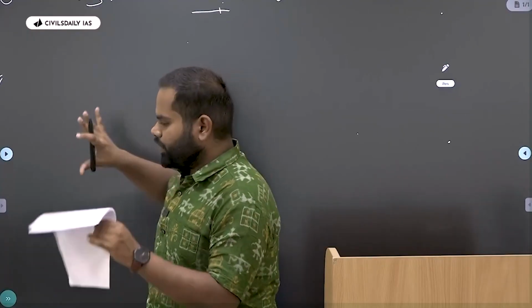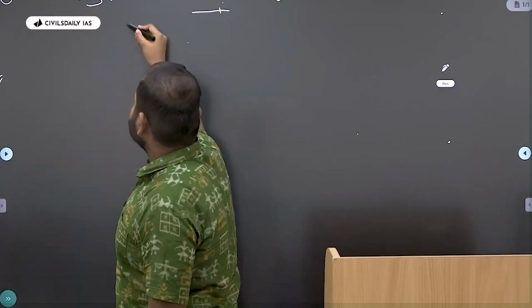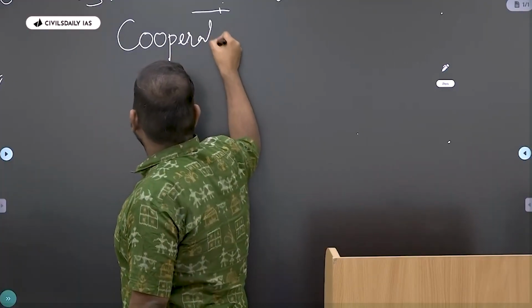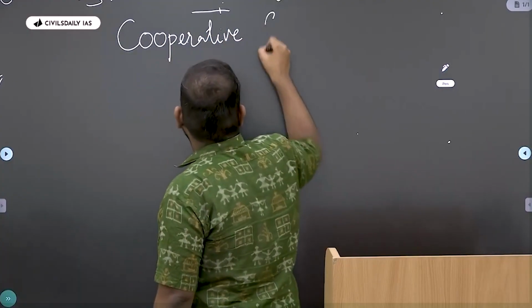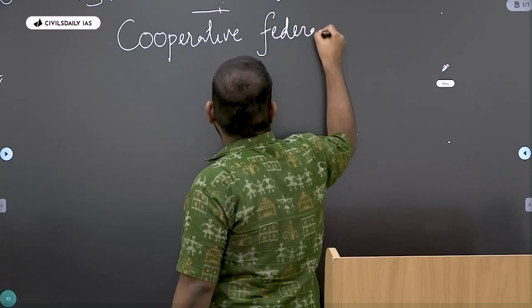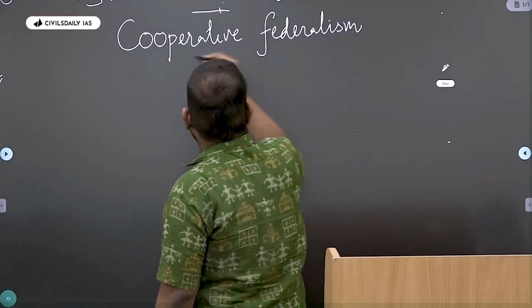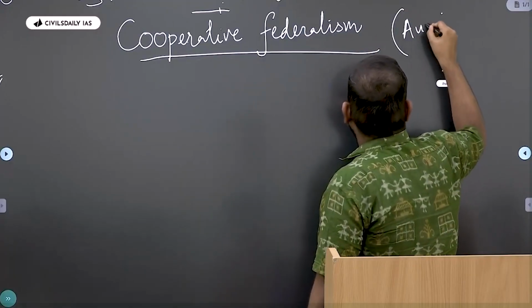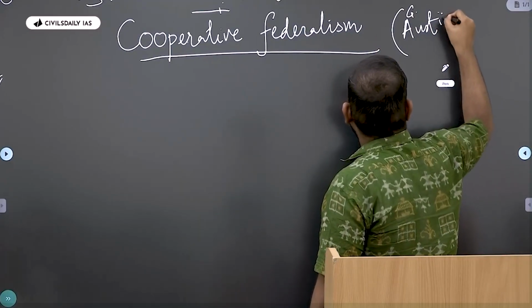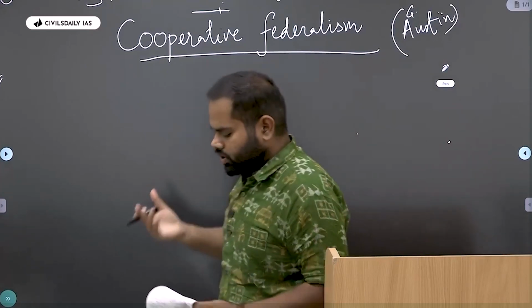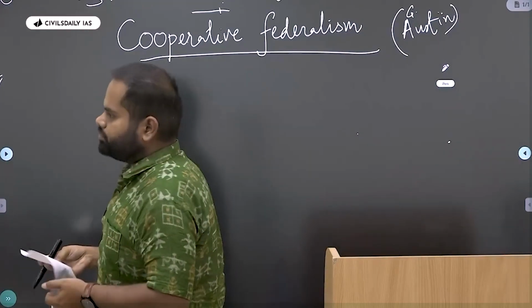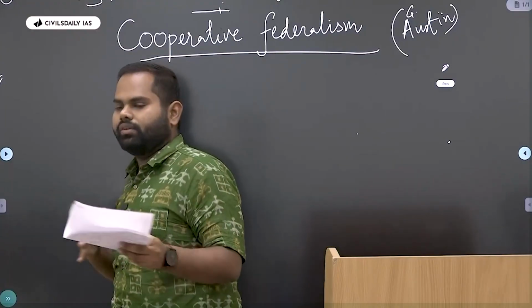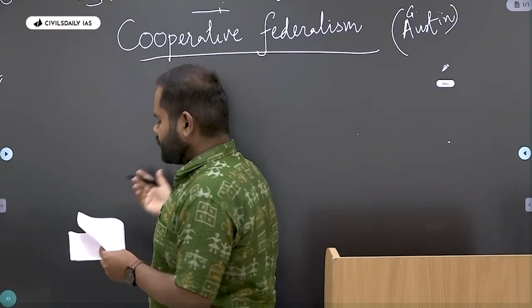But for the sake of putting everything in one place, we'll discuss what makes cooperative federalism and what the different elements attached to it are. You can always quote Granville Austin here, because he was an advocate of showing how India needs a cooperative federalism that is beyond the framework of unitary and federal structure.